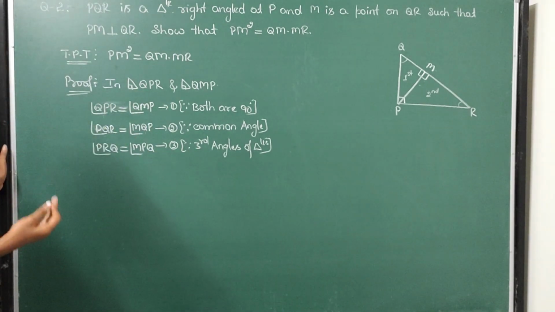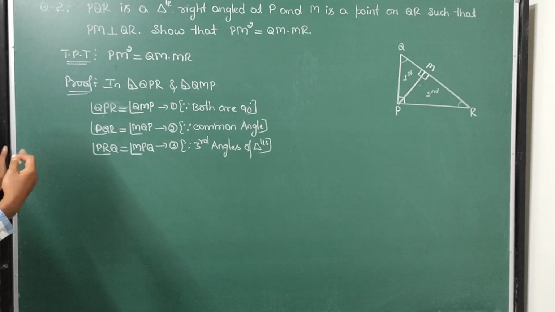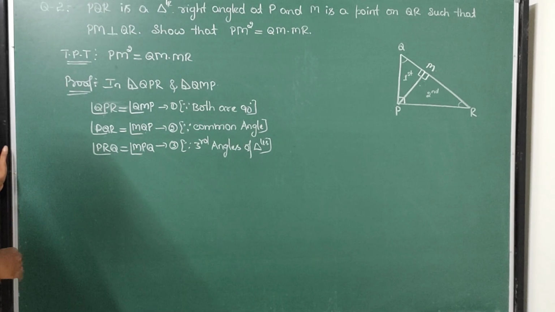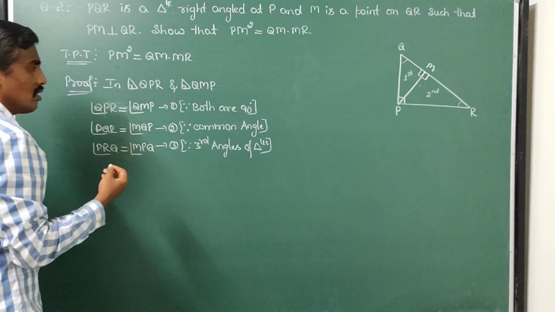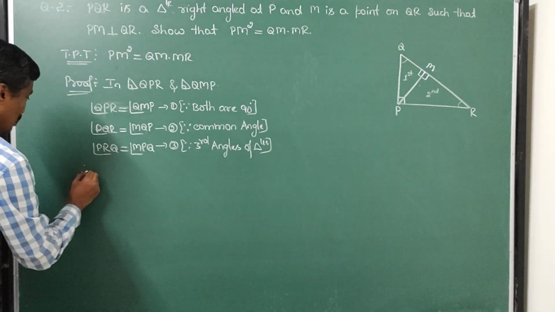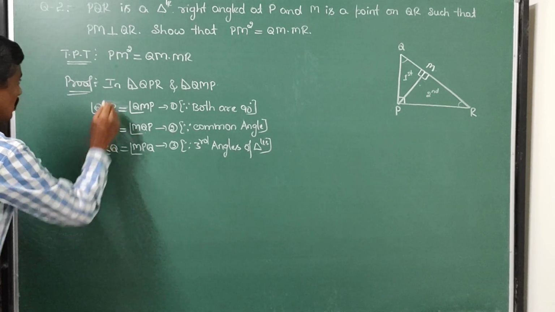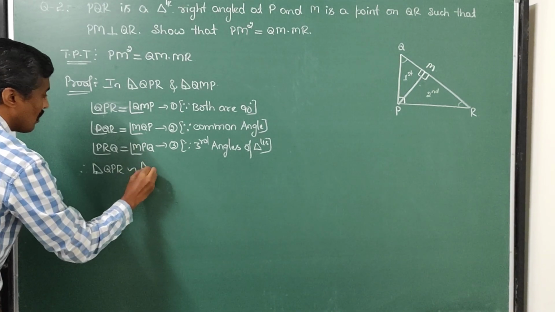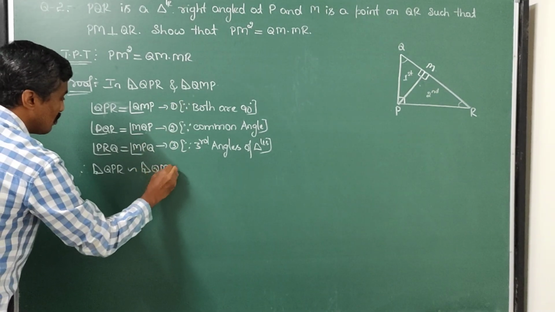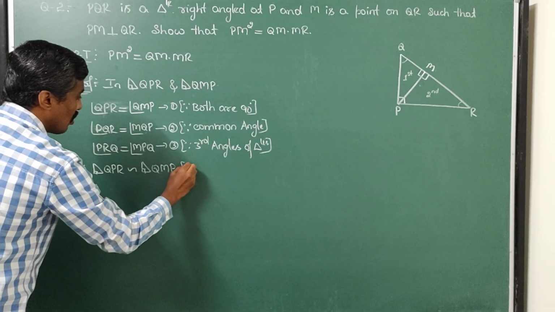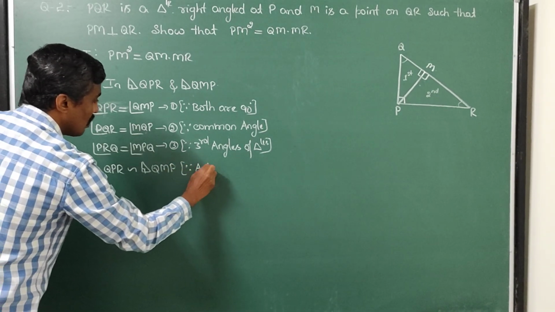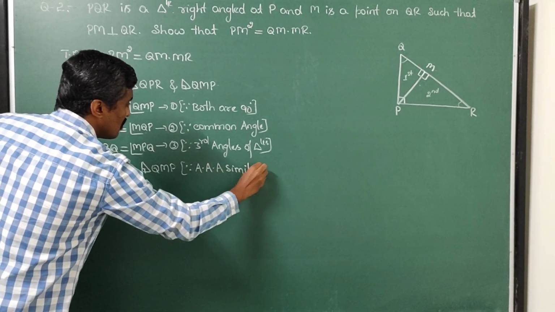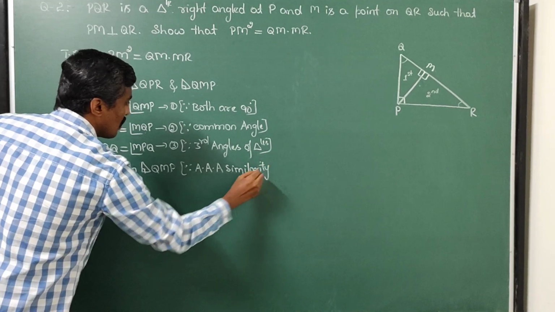So we have proved that the corresponding three angles of the two triangles are equal. So the two triangles are similar according to the AAA rule. Therefore, right angle triangle QPR is similar to right angle triangle QMP, because it satisfies the angle similarity criteria.